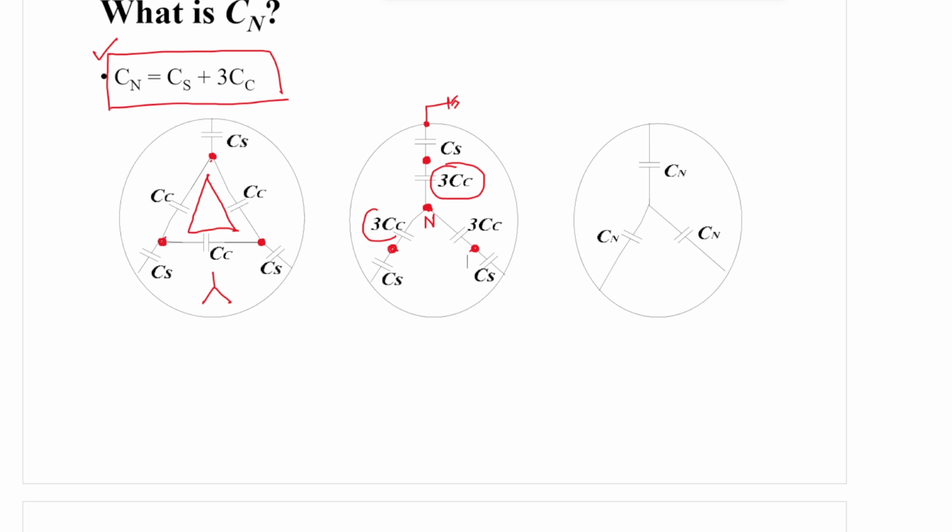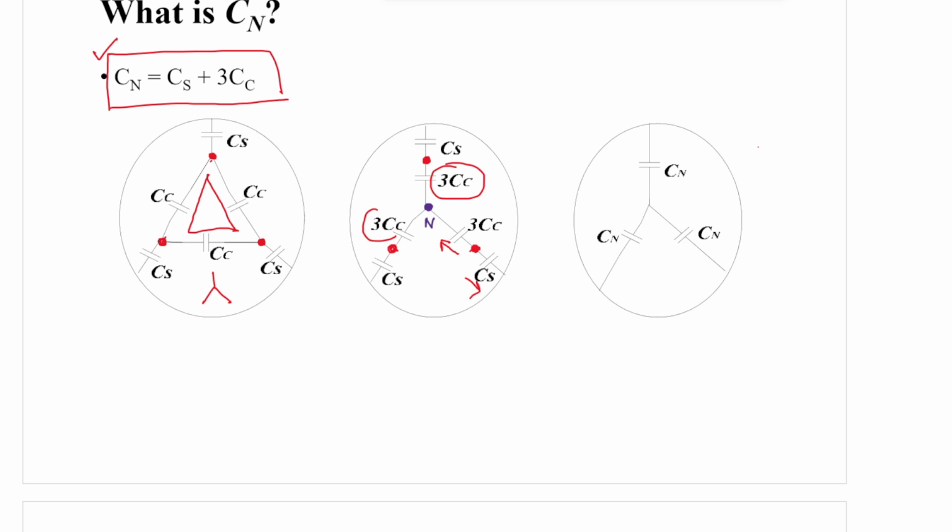Red dots are the cores, and blue dots are the neutral point. With respect to each core, we have one path along this path, and another along this path.